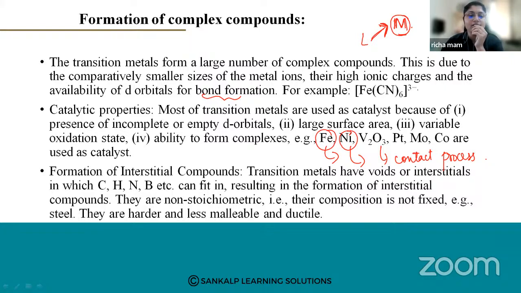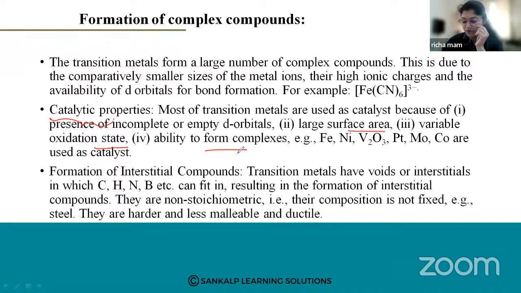So why do transition metals have this catalytic property? The reasons are incomplete or empty d orbitals, large surface area, variable oxidation state, and the ability to form complexes. Okay, so this is the second property of transition metals.